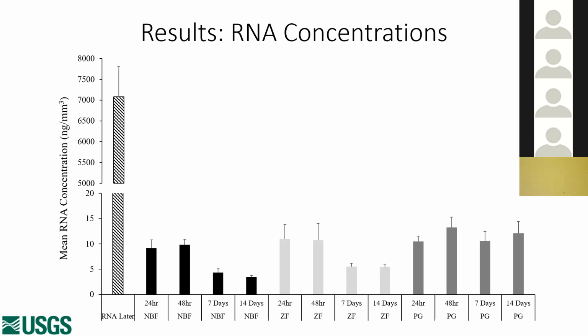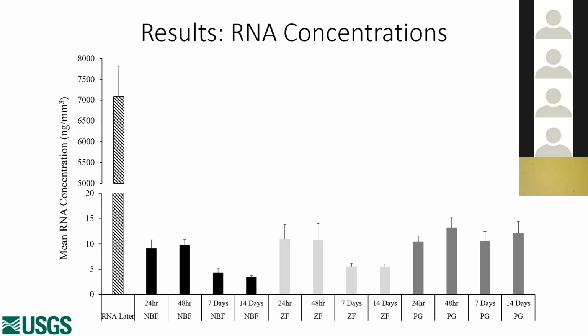So here are the results. The mean RNA concentration of RNAlater samples was about 800 times greater than samples fixed in the formalin and non-formalin fixatives. For neutral-buffered formalin and Z-fix, 24 and 48 hours were the best time frames, and as you can see, RNA concentration significantly dropped at 7 and 14 days, although I still was able to get some quantifiable RNA.